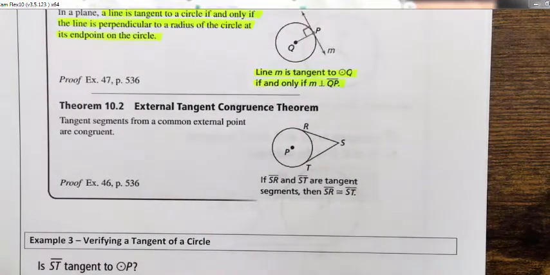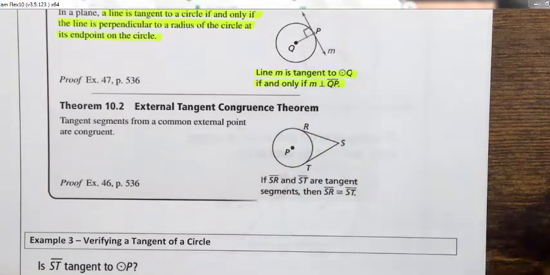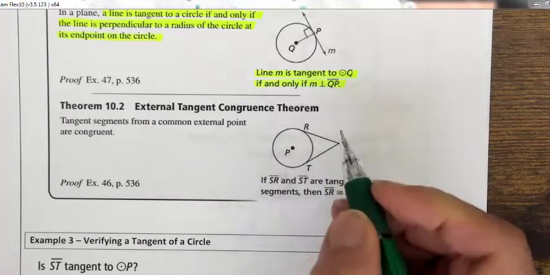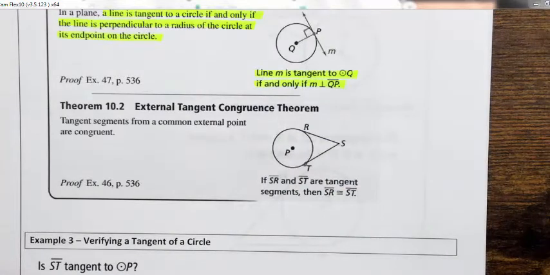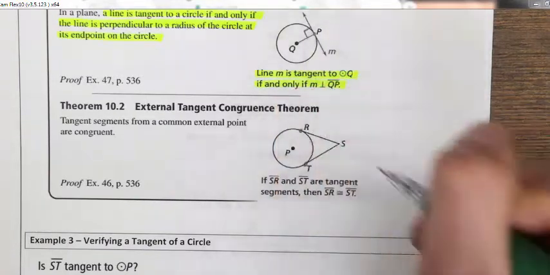Well, you can also have tangent segments. Tangent just means that it touches it at a point, right? So segment ST is in fact tangent to circle P because it's intersecting that circle at point T. And then segment SR is doing the same thing. It's just intersecting the circle at point R.